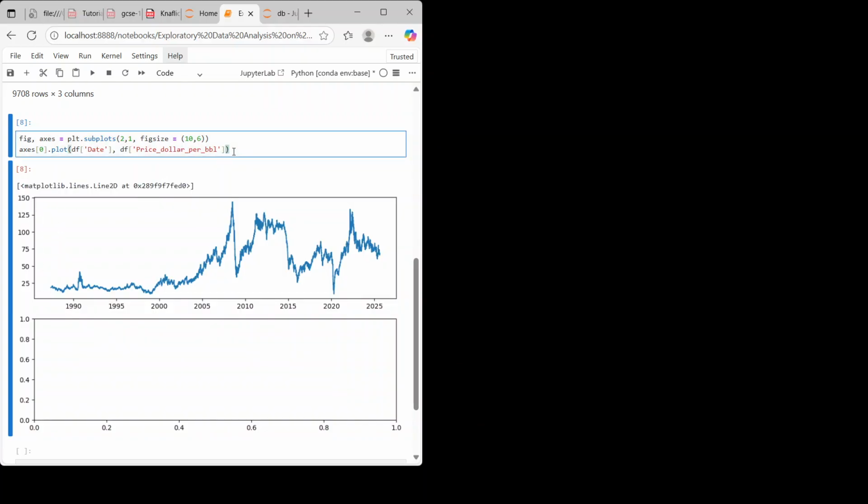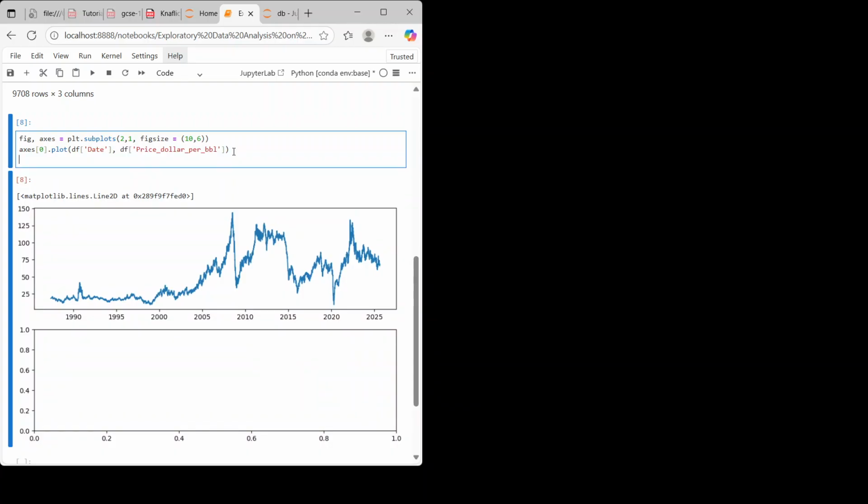We need to give it some form of a title to make it look nice. So we will go ahead and say for axis 0. So that is for this one. For axis 0, what should we do? Set title. So we are telling it to set a title. And what title should we give this?